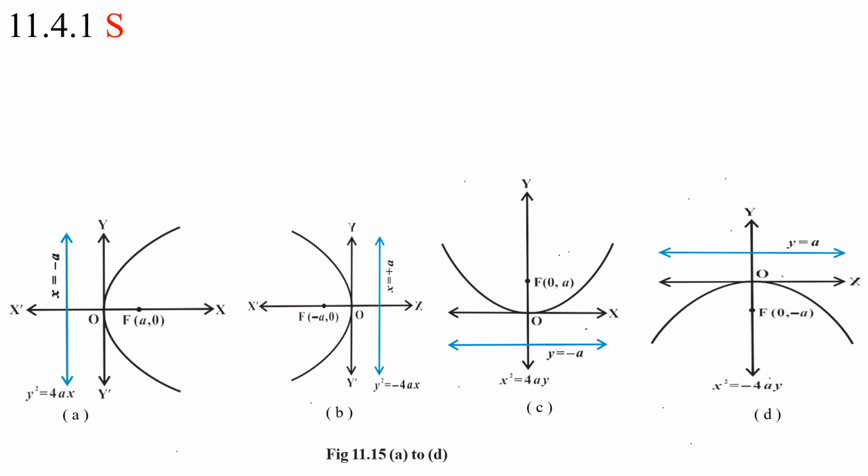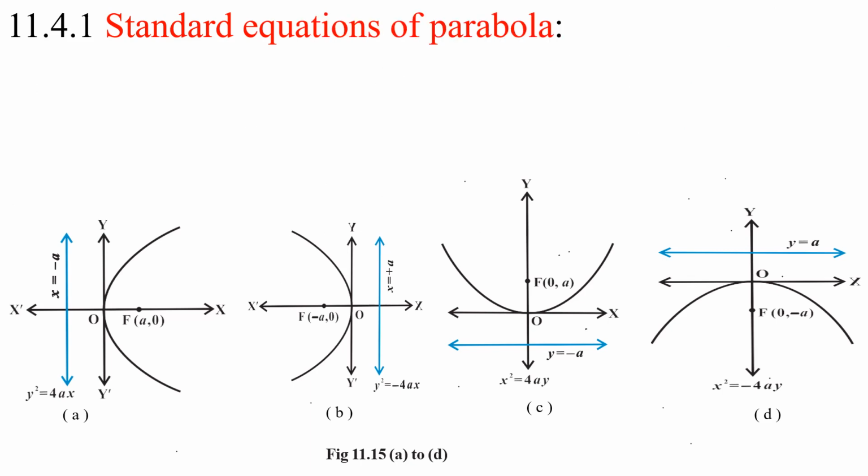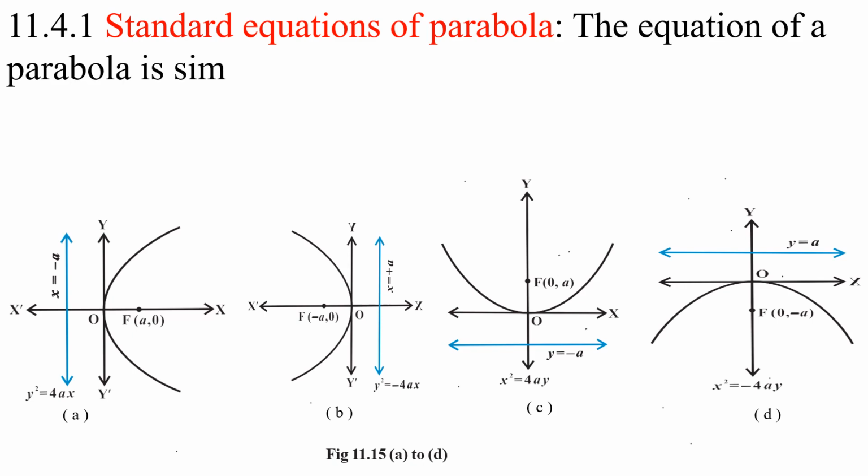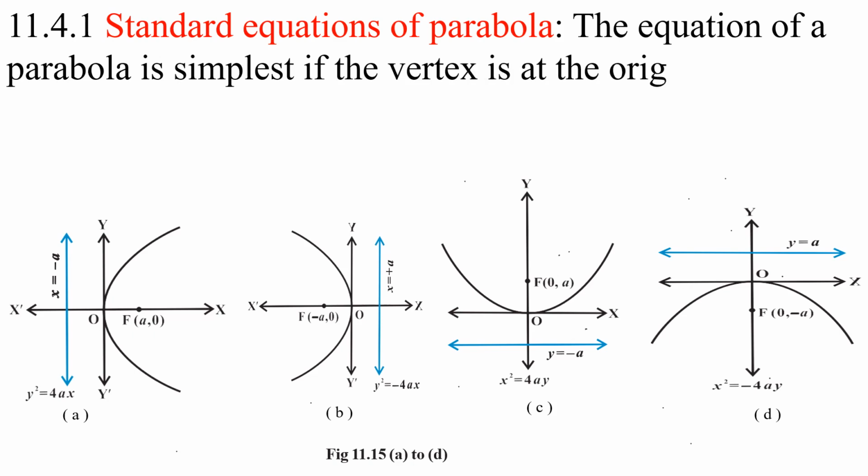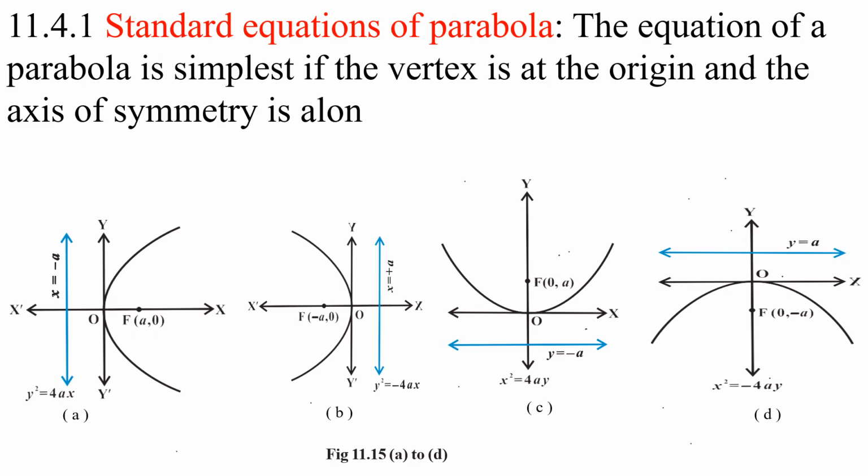In this slide, we are going to discuss the standard equations of a parabola. Okay, my children? Right. The equation of a parabola is simplest if the vertex is at the origin and the axis of symmetry is along the x-axis or y-axis.